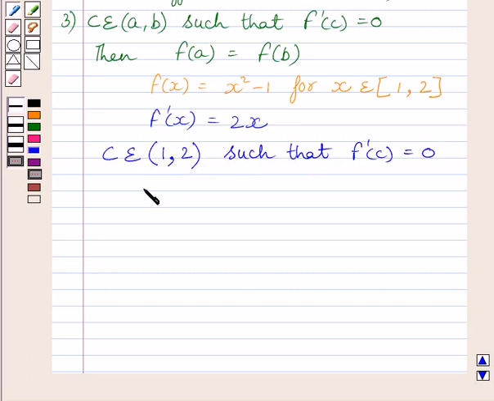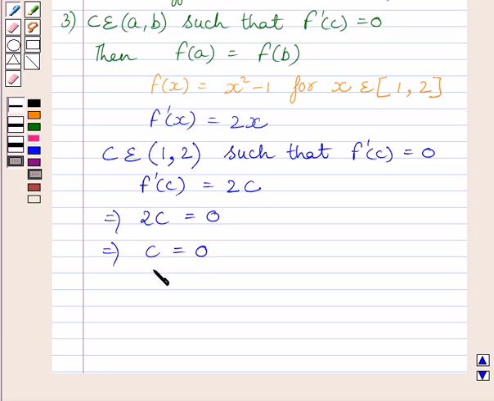Now we know f dash c is equal to 2c. We also know that f dash c is equal to 0. So we can write 2c is equal to 0. Now dividing both sides by 2, we get c is equal to 0.